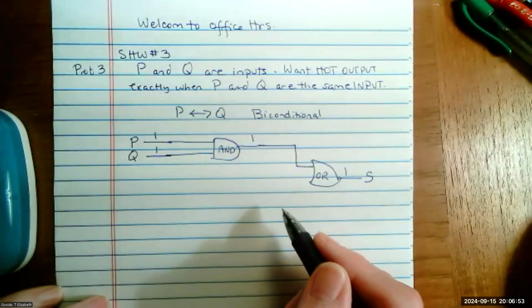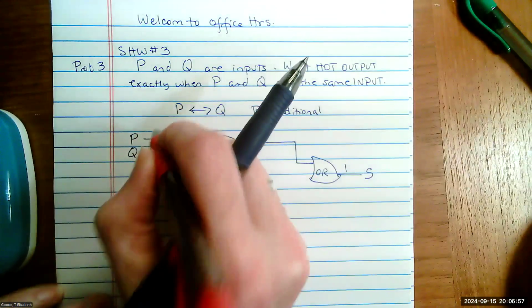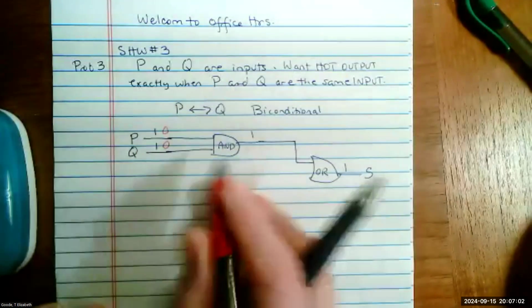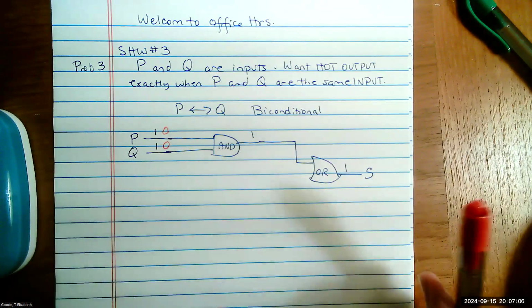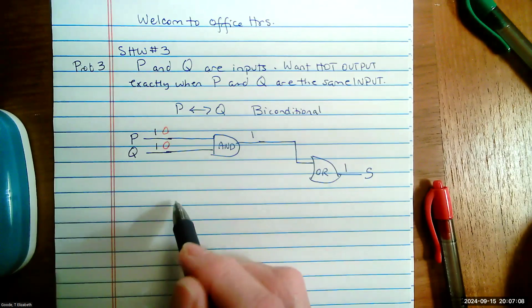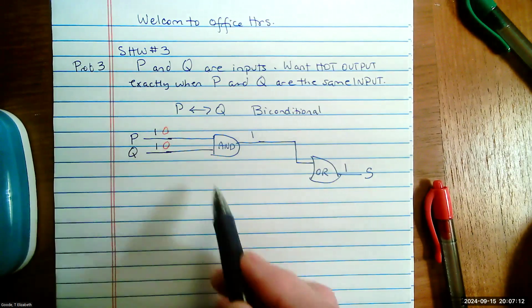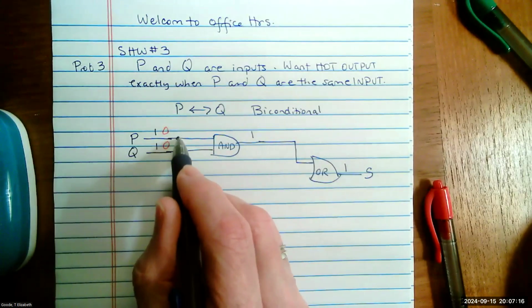But we also want to get a hot output if they're both cold, right? The AND gate would not give a hot output for that. But we could think about a way to make these both hot so we could use an AND gate. Like what could we do with these?